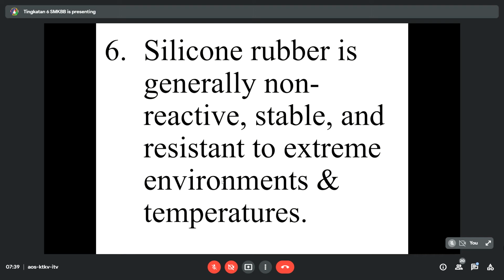temperature, isn't it? In fact, silicone all physical sets have this character.